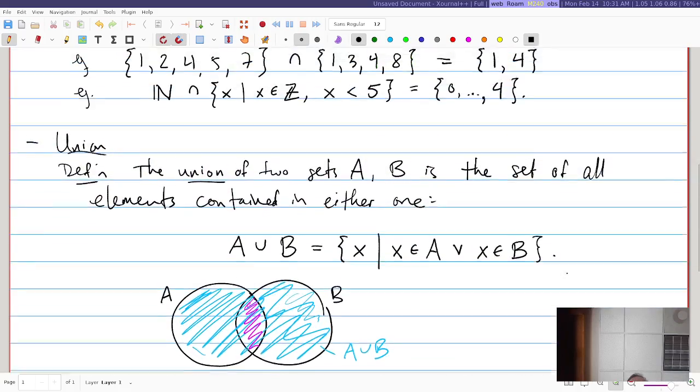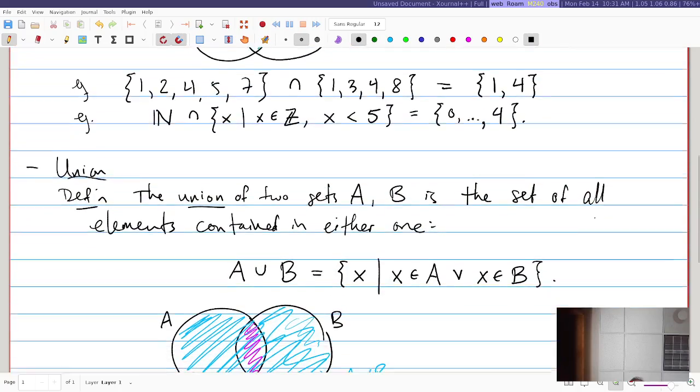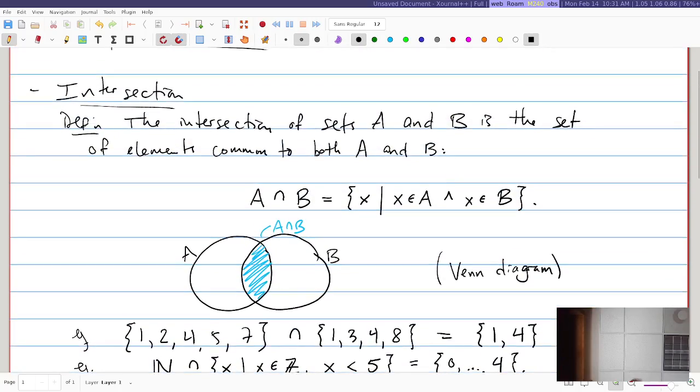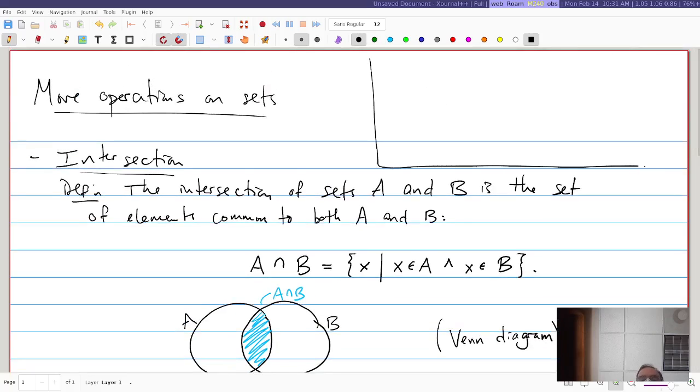So let me go back and say, we've seen intersection and union, and if you look at their definitions, they seem very related. I think I mentioned this: the only difference between their definitions is this symbol. Intersection corresponds to and, and union corresponds to or. So intersection is like and for sets, and union is like or for sets.